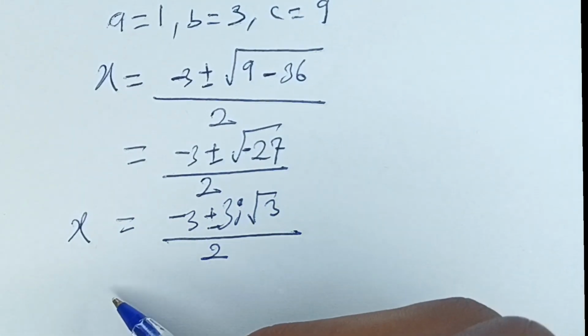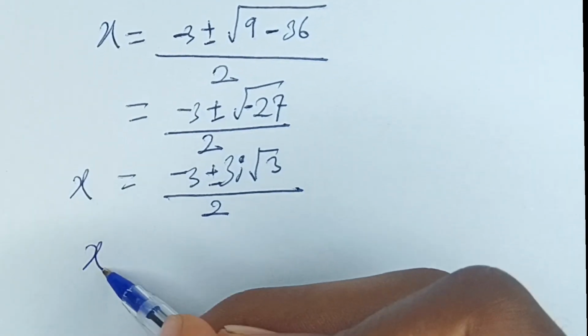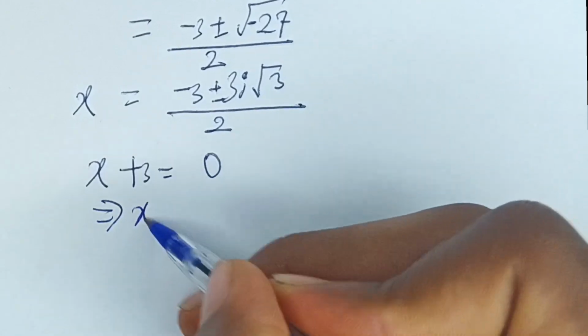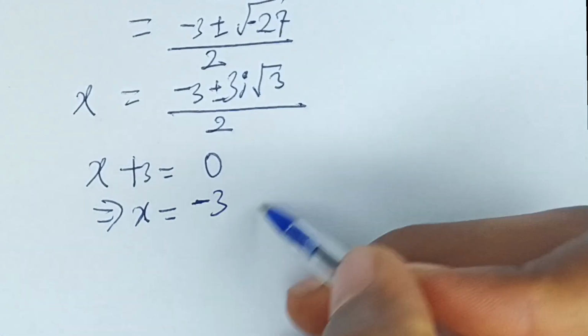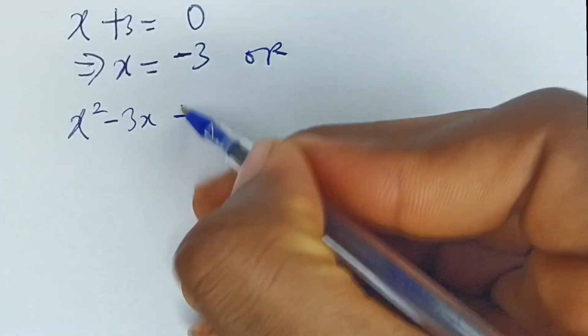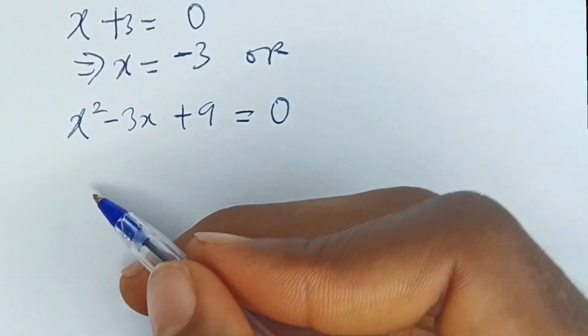All right, now let's find this next set of values for x. The remainder of values for x is that x plus 3 is equal to 0, implying that x is equal to negative 3. Or, okay, the final one, which says that x squared minus 3x plus 9 is equal to 0. Again, we use the quadratic formula which we stated initially.